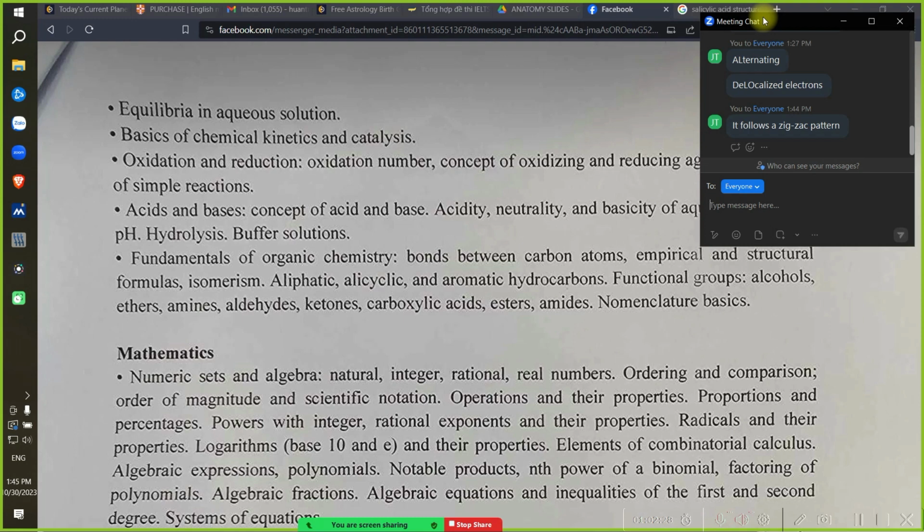Very good. So what does it mean then? It leads to the fact that the boiling point of alkyne is much higher than alkene and alkane.